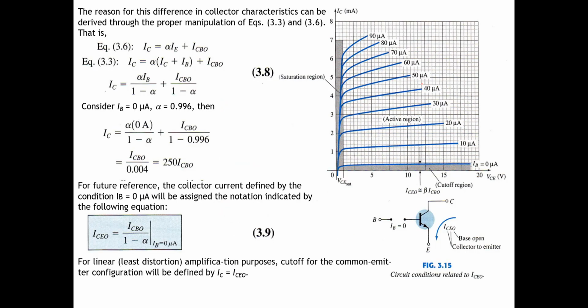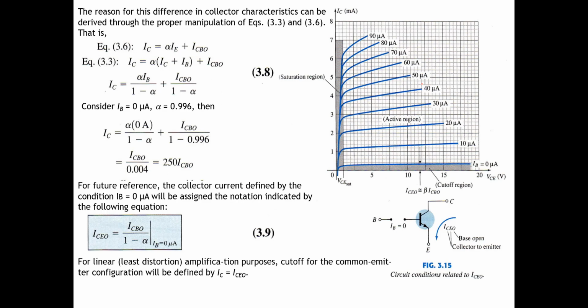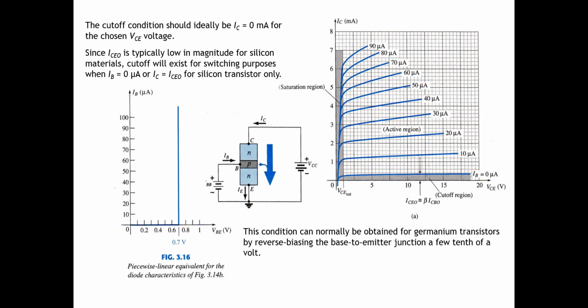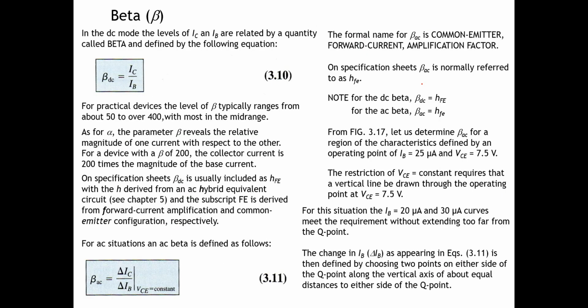Here we can see that if we use the common base, we have the alpha, and if we use the common emitter, we have the beta. The beta is IC per IB. Typically beta is from 50 to 400. This is the beta DC, and the beta AC is delta IC per delta IB.